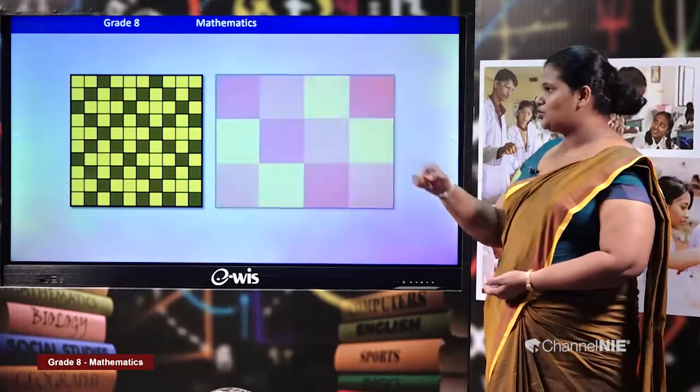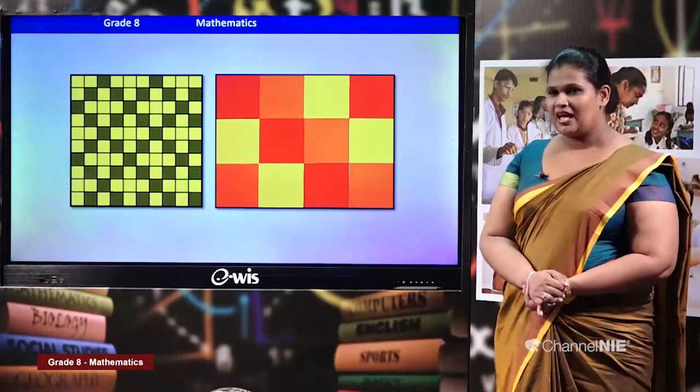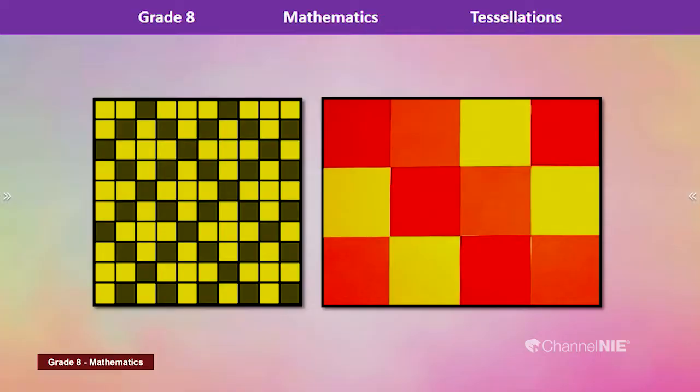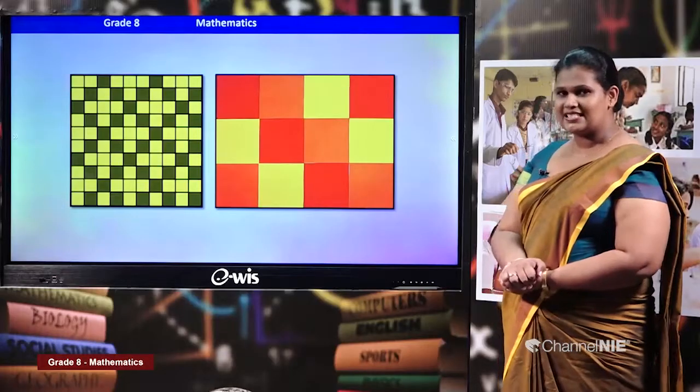So we will move on to another one. Have a look at this. Once again we have a pattern only with squares. This time they have colored the squares in 3 different colors: yellow, orange and red. Right. They have used these colors once again to create a beautiful pattern, that is also a tessellation.